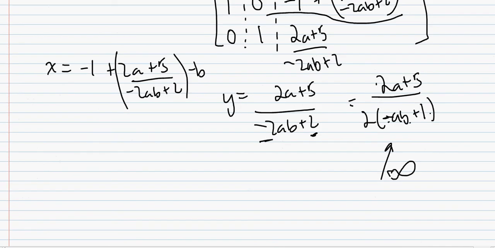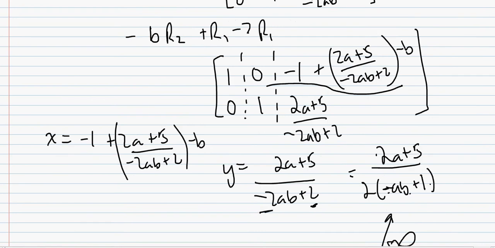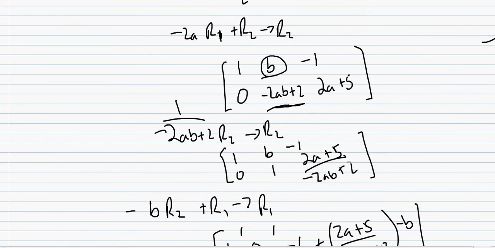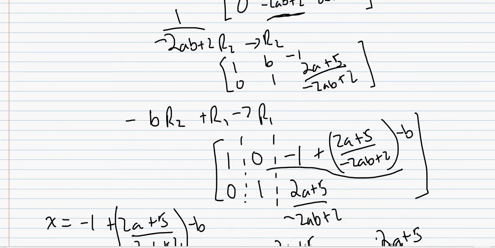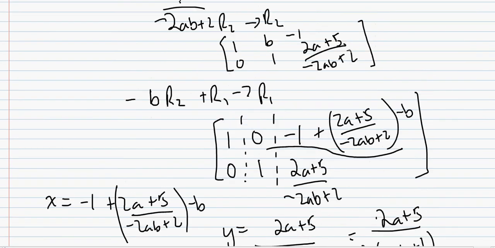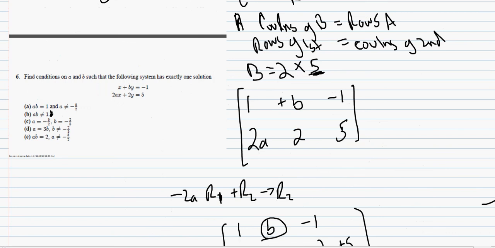And if you think about it, if I put in any other number for AB, we will only have one solution because it's reduced to reduced row echelon form. So in the end, using that concept, you can justify that the only number that can't happen is if AB equals 1. So AB is your right answer.